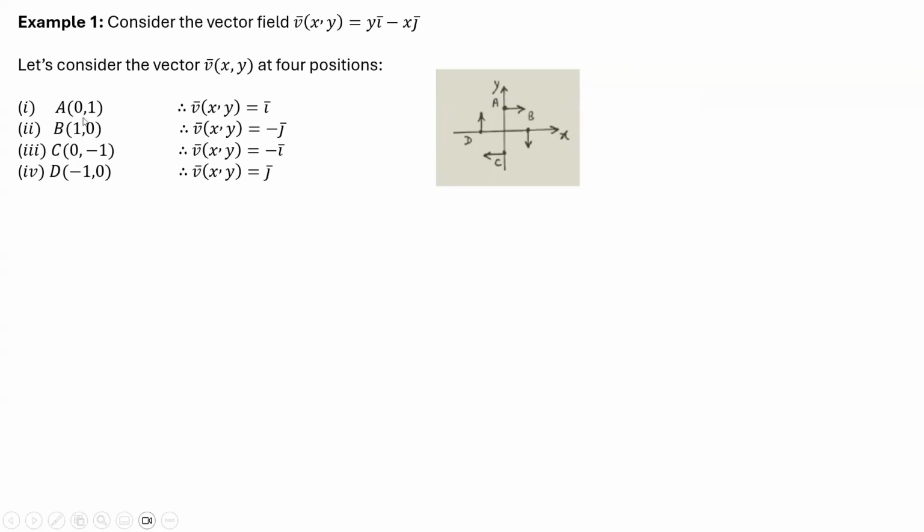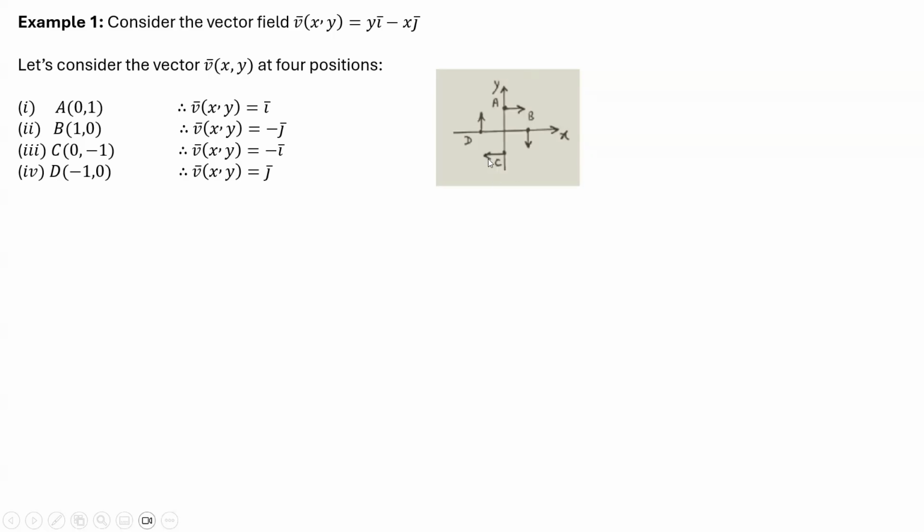For A, x is 0 and y is 1. If you insert these values into this vector field, you will get i cap. Similarly, for B, you will get minus j. For C, we get minus i, and for D, we get j cap. If you plot it on paper or a graph, it will look similar to this.